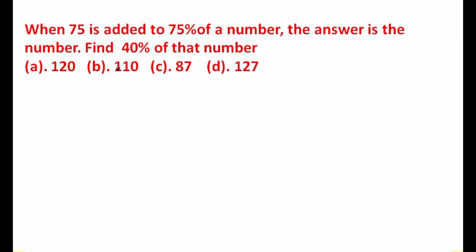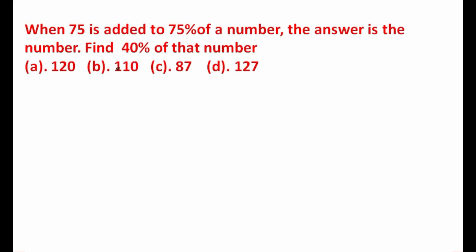See guys, read the question. When 75 is added to 75% of a number, the answer is the number. Okay, then find 40% of that number. You have to read the question very carefully.